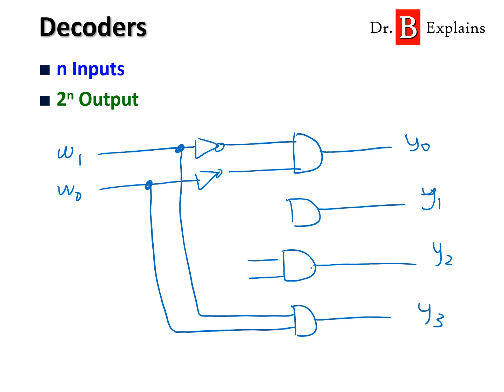The gates are W1 not, W0 not; W1 not, W0; W1, W0 not; and W1, W0.